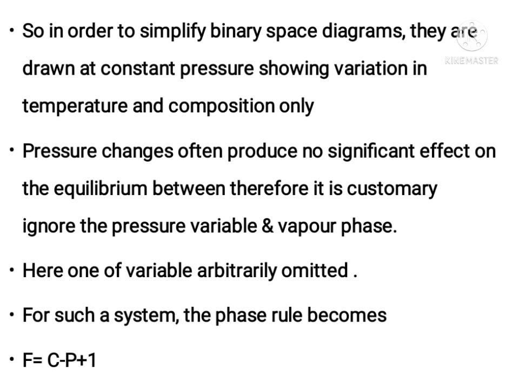So, the rule is F is equal to C minus P plus 1. This is also called as condensed phase rule, but it is not applicable to condensed system which are subject to high pressure, but the effects of this pressure can be important.